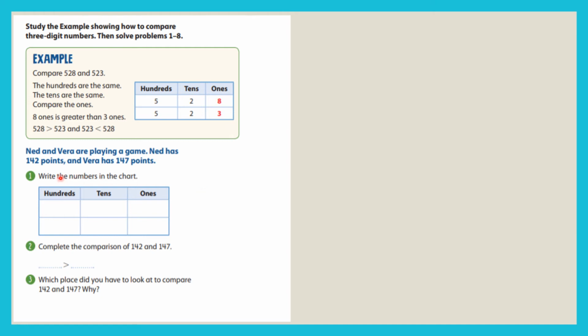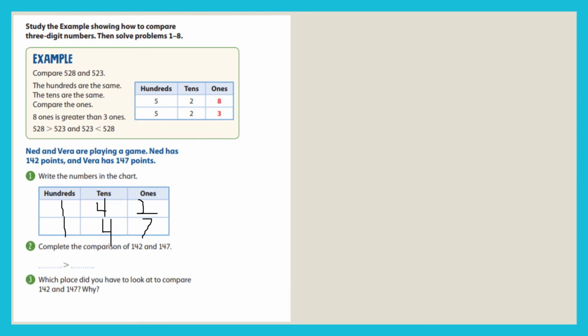All right, Ned and Vera are playing a game. Ned has 142 points and Vera has 147 points. Write the numbers in the chart. All right, Ned has 142 and Vera has 147.